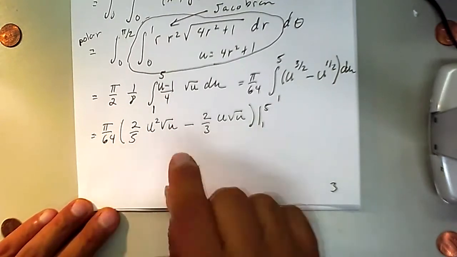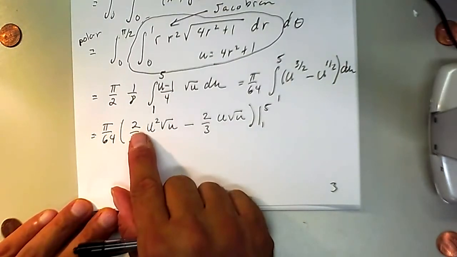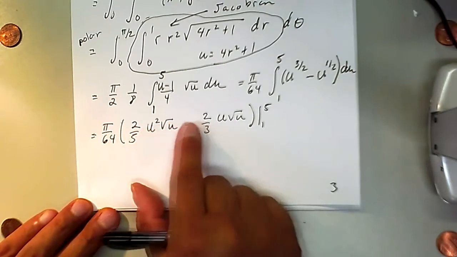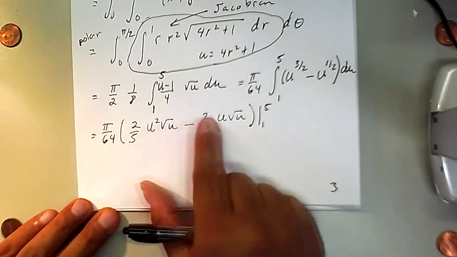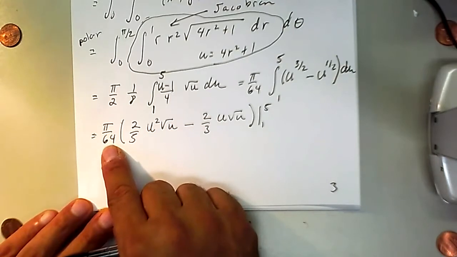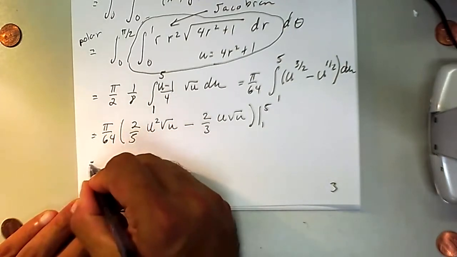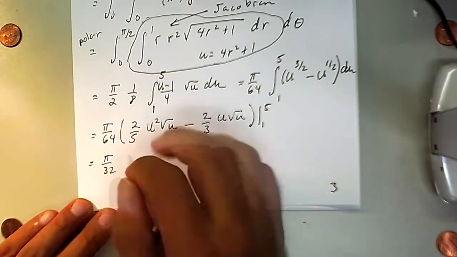Okay, I don't want to do too many things at once, but we can definitely factor out a 2 from both, and that will reduce the 64 down to 32. Pi over 32 because of that 2.